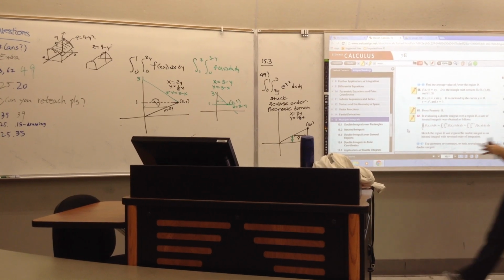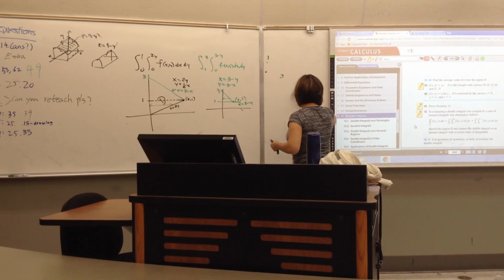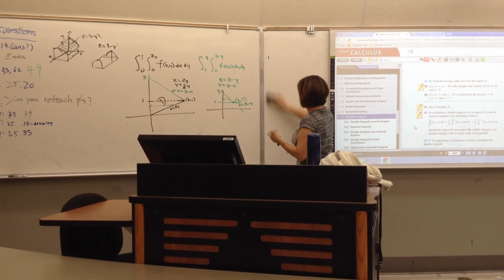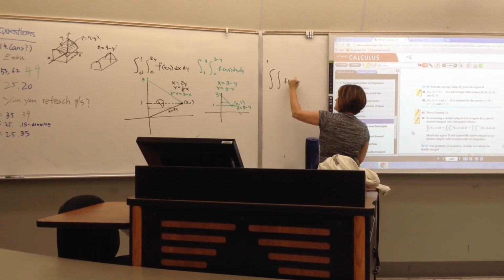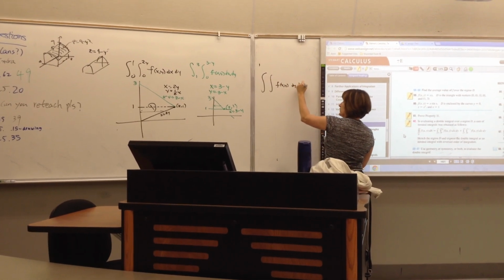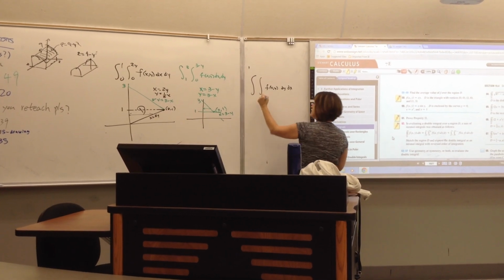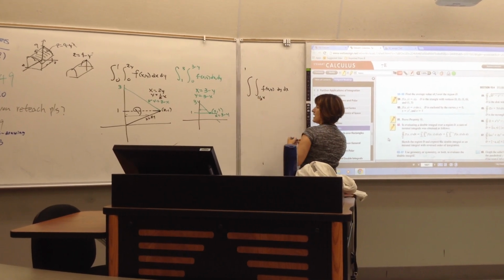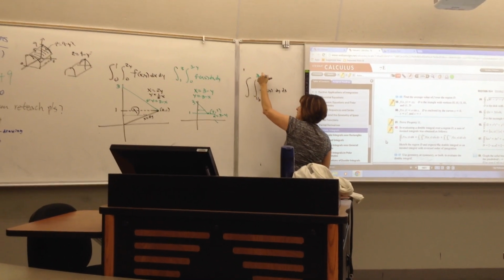If I'm to switch this and go dy dx, we've got f of x and y, dy dx. We go from the bottom curve, but solving for y, so 1/2 x, to the top curve, which is y equals 3 minus x.